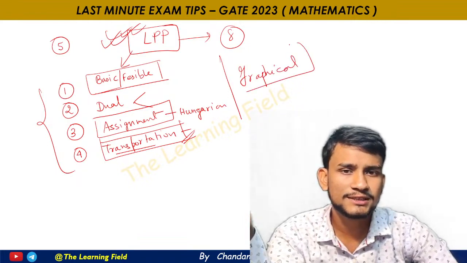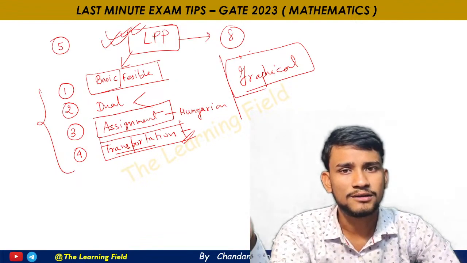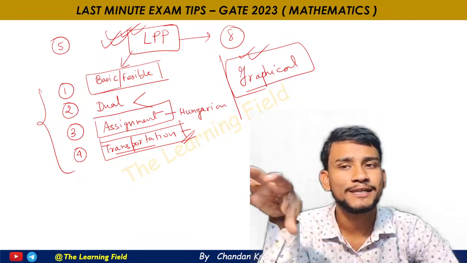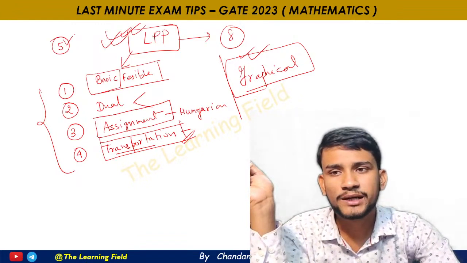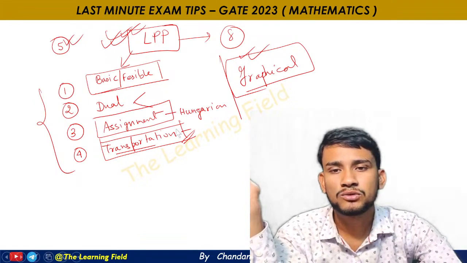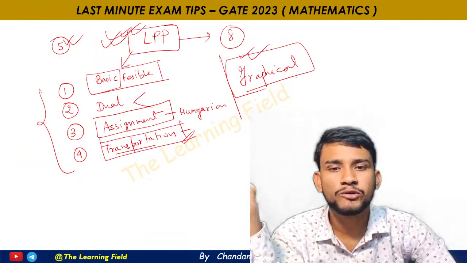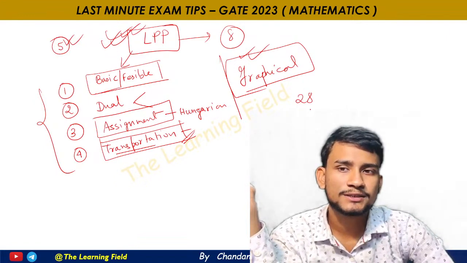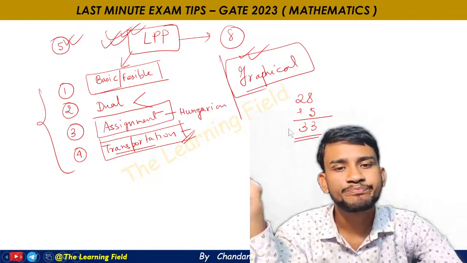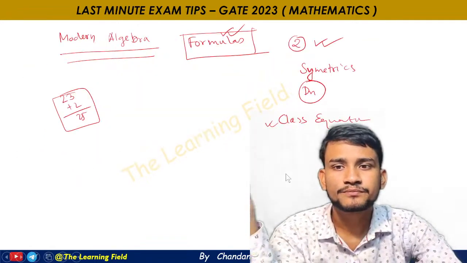This is the most important, needed for any question. So that is GATE and LPP, and from LPP we can easily get at least 5 marks. So here we have 28 plus 5, so 33 marks you can get easily at least.